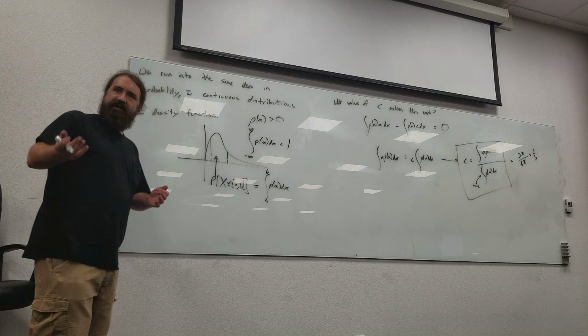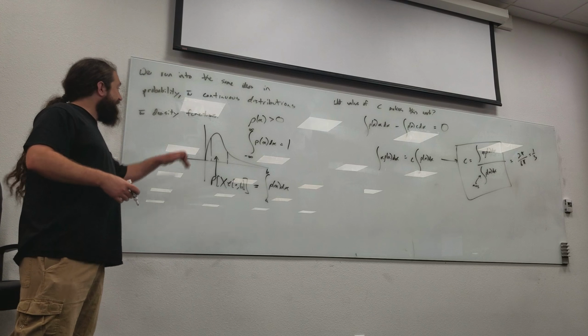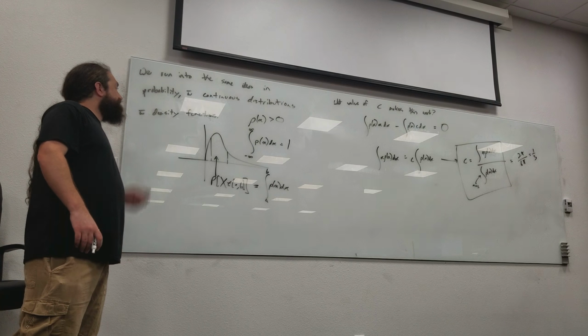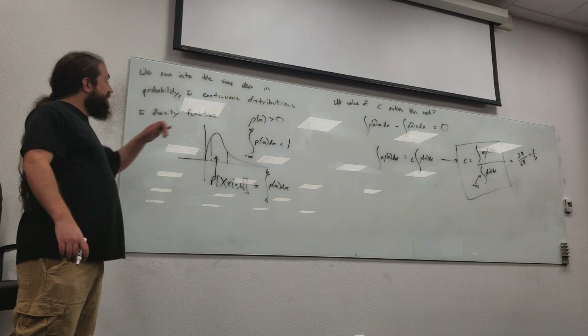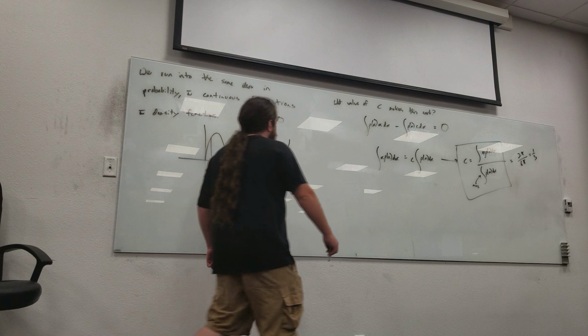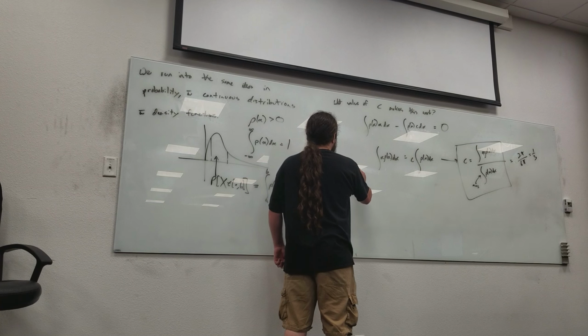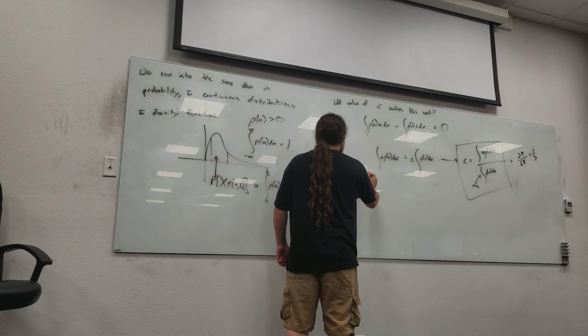Now you can have them with finite domains and you're really just integrating from 0 to 3 or something like that. But you can't have these with infinite domains. For example, a normal distribution that you see all the time in your intro stats classes. Or Gaussian distribution.